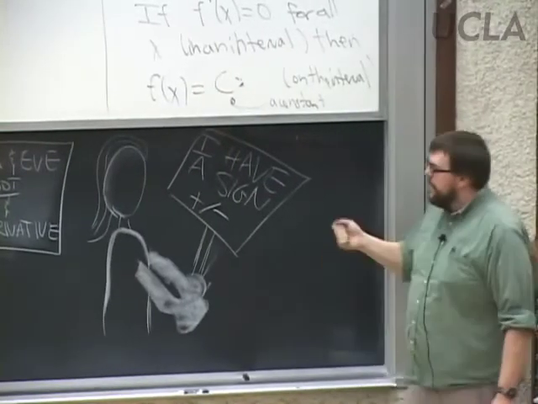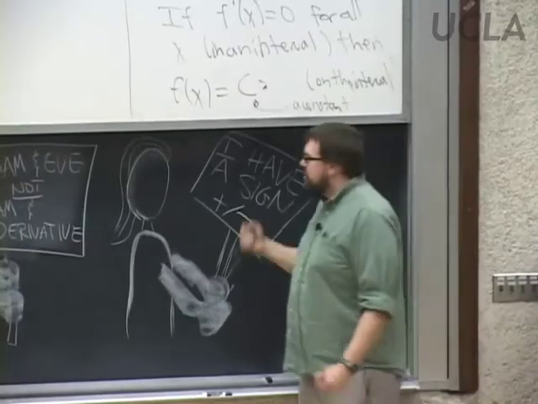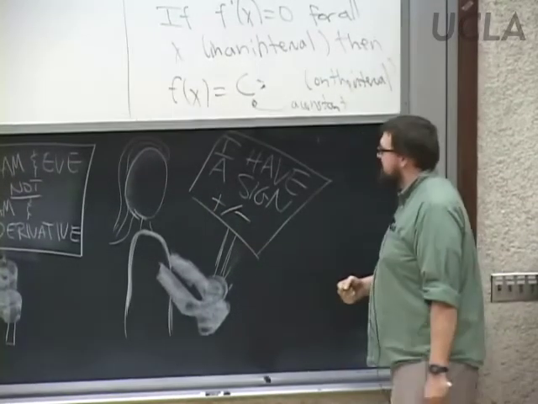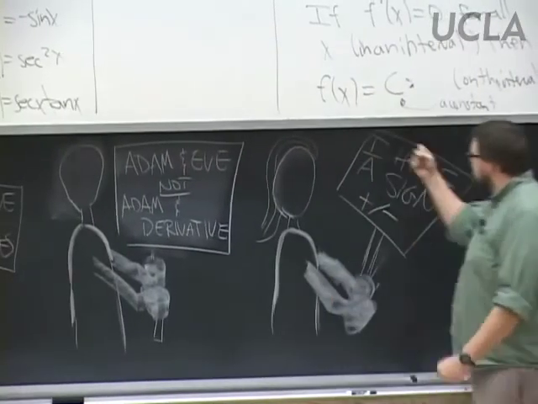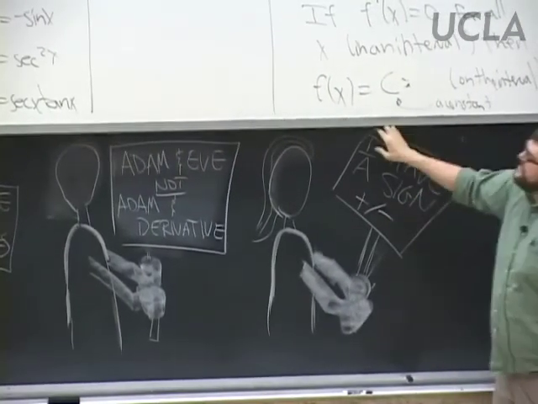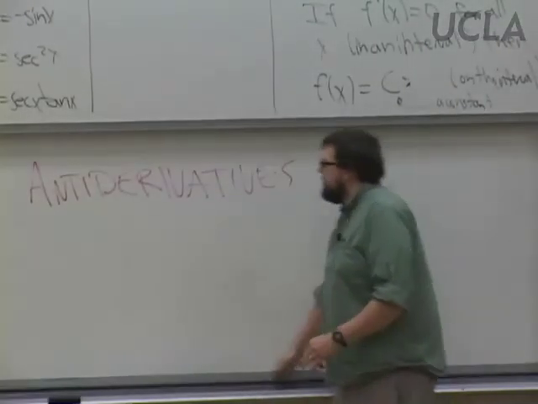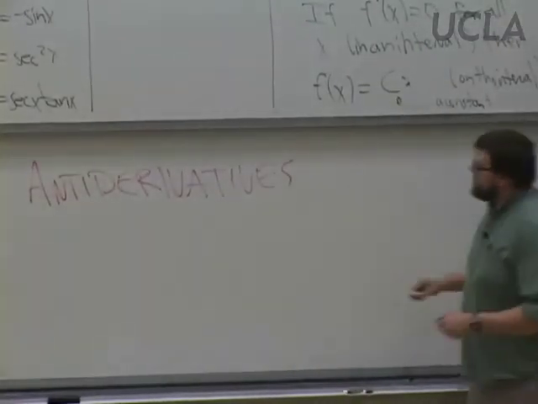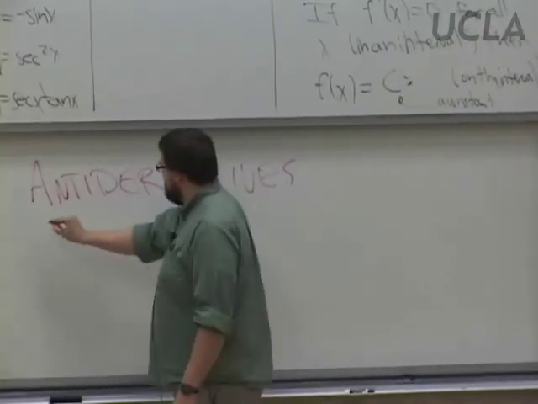People are just really mad at derivatives, and so they're protesting. No more derivatives. Take love, not derivatives. But no, that's not what an antiderivative is. Don't think of it as being opposed to derivatives. It's just the opposite of a derivative.